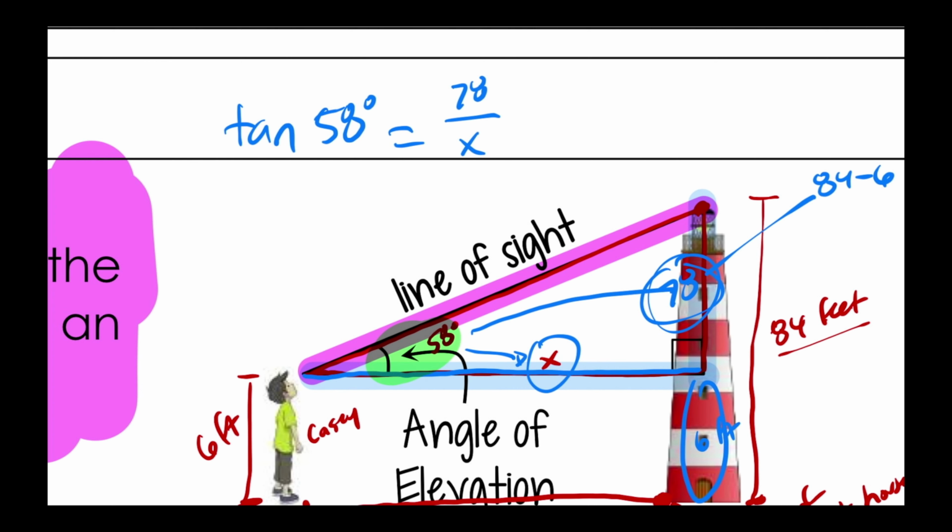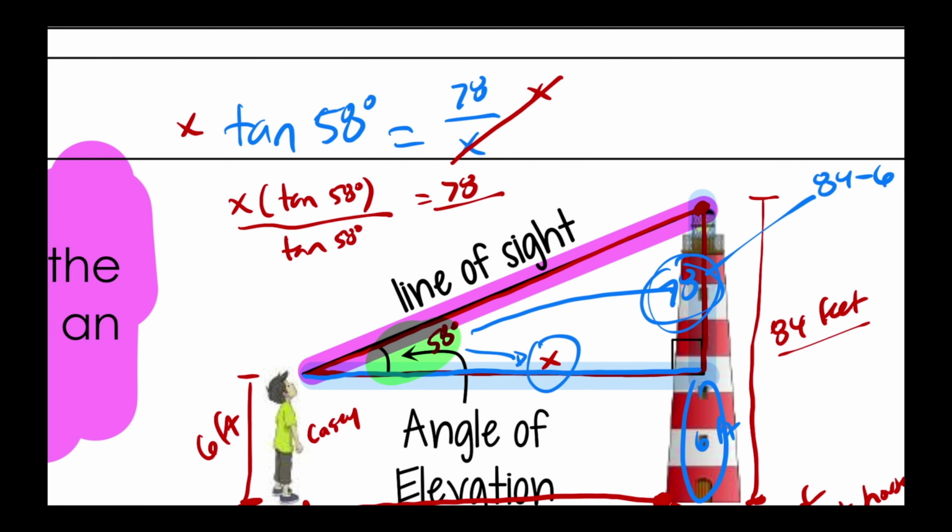I have x in the bottom, just like we did a minute ago. I don't like an x in the denominator, so I'm going to multiply both sides by x. So these cancel out. So I get 78 equals x times the tangent of 58 degrees. And to get x by itself, I'm going to divide both sides by the tangent of 58 degrees. Cancel, cancel.